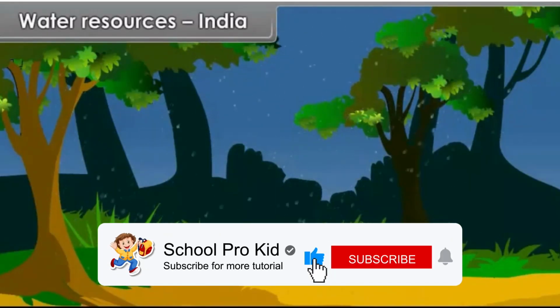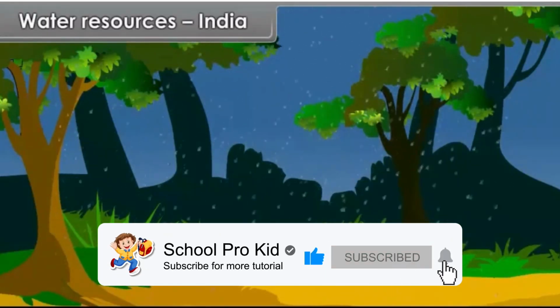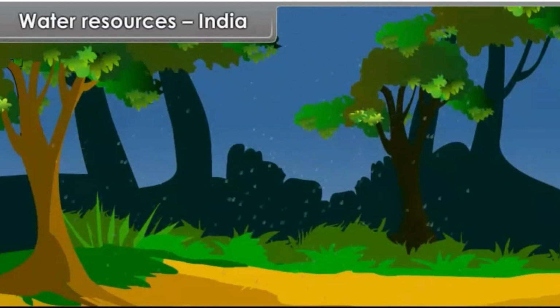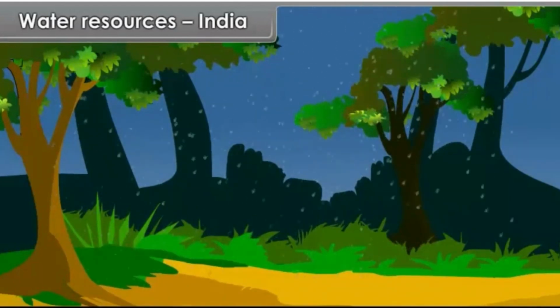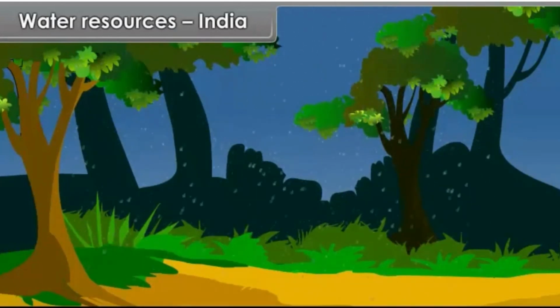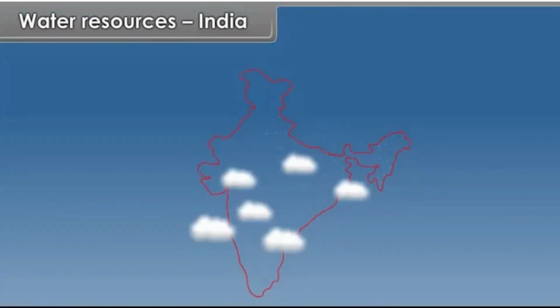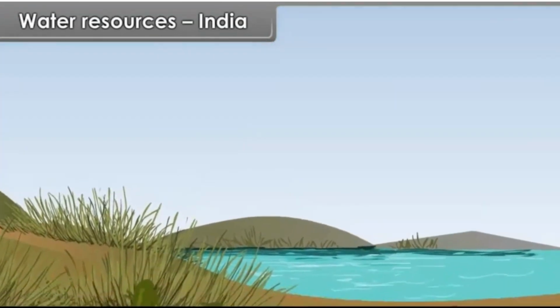Water resources, India. Here we will study the distribution of water resources in our country, India. India receives a good amount of rainfall, but the distribution of rainfall is highly uneven.